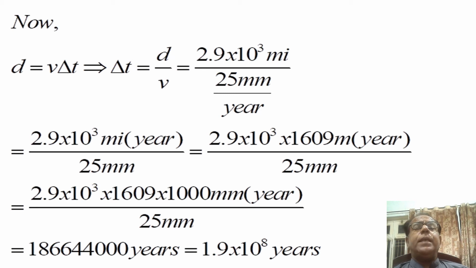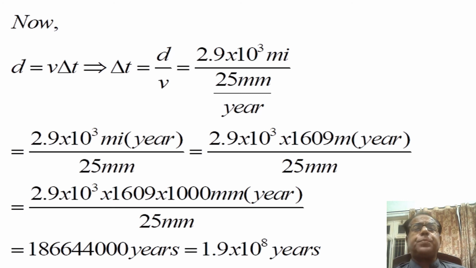Now in the next step, we will convert mile into meter, because we know that 1 mile is equal to 1609 meter. So this factor will alternatively become equal to 2.9 times 10 raised to the power 3 times 1609 meter times year divided by 25 millimeter.